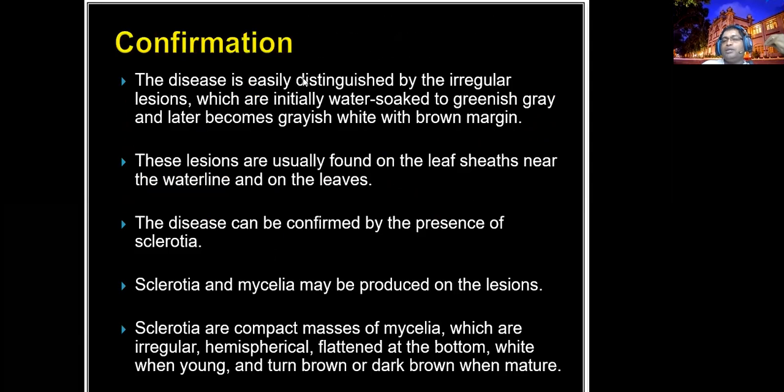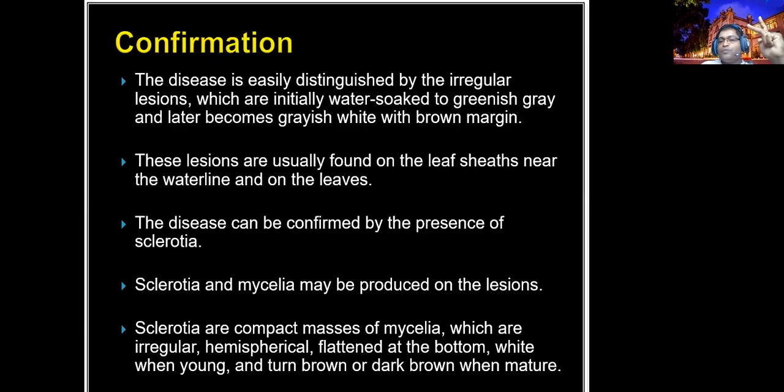Confirmation of the disease. First, if we observe the symptom in the sheath. The second is if the symptom is present in the leaf, an irregular shape with a gray center. Third is the formation of sclerotia.